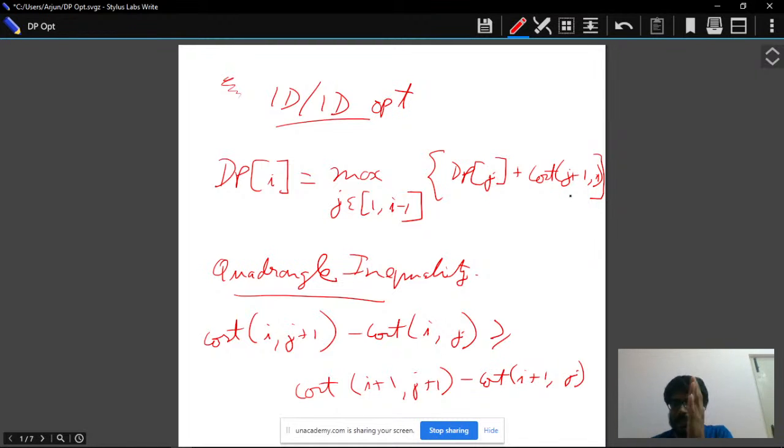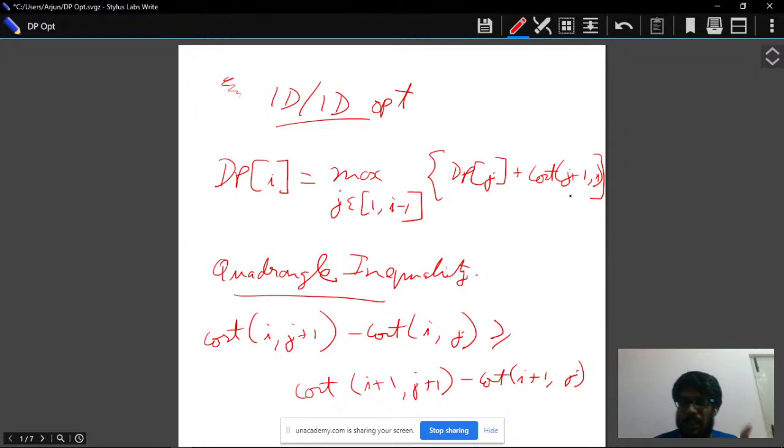So where is this cutting point? There will be multiple cutting points which give me the maximum. DPI doesn't care about it because DPI is just a value, right? But what we are looking at now is the index where I need to cut, okay? And if there are multiple such things, I'm going to take the smallest one, the smallest index where if I cut, I get the optimal DP.